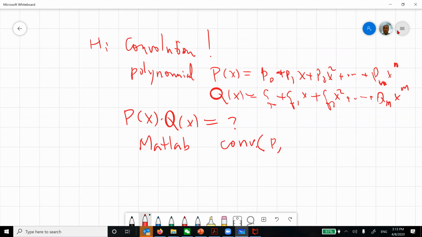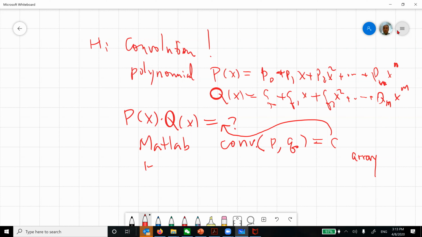This is called Q array. Okay. Then you are going to get a C array. This array, okay, array. That C will give you the coefficients of this polynomial. Okay, so go and check it out.